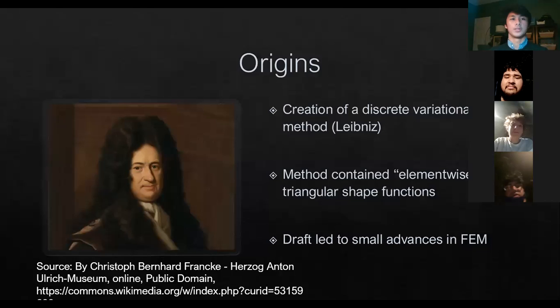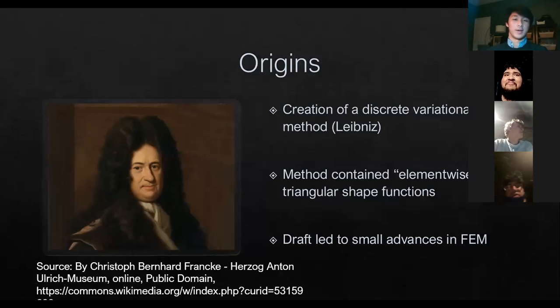But to understand what this method does and how it works, we must first talk about its origins. The history and functionality of the finite element method should be understood. The origins of this method date back to the 17th and 18th centuries, in which the mathematician Gottfried Leibniz made the first draft of a discrete variational method that contained element-wise triangular shaped functions.